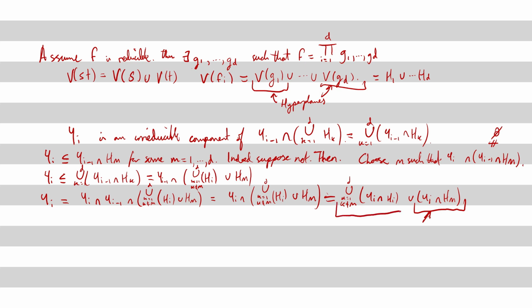Now, this bit is also non-empty because it equals Y_i, and I should pull the Y_i out of that. Let me say Y_i equals Y_i intersect the union k equals 1, k not m, of H_k, union Y_i intersect H_m. Now, Y_i is an irreducible set.